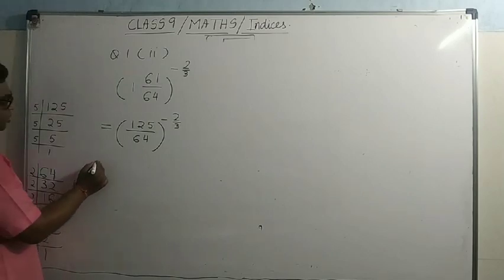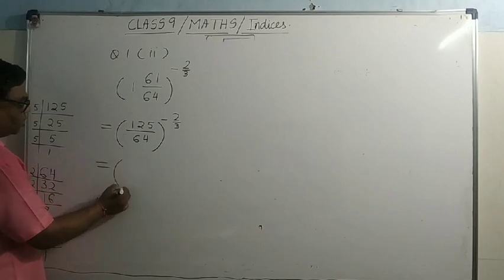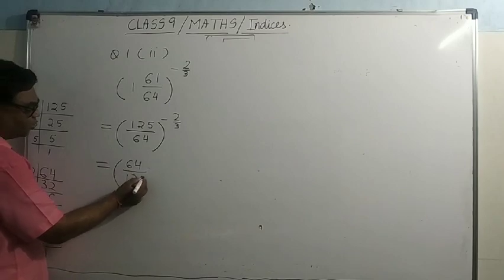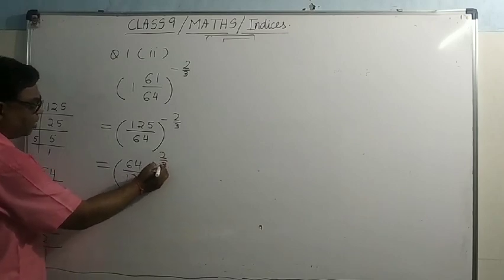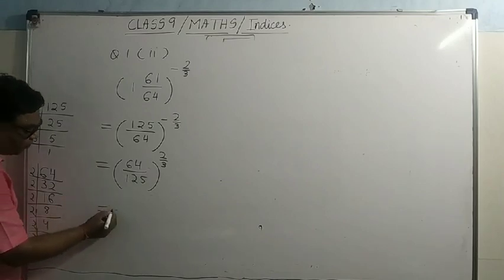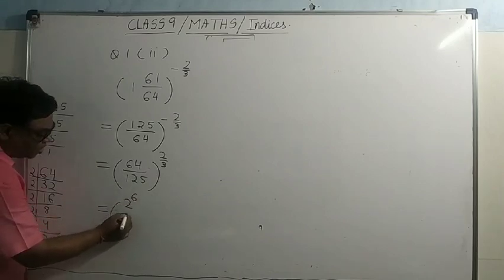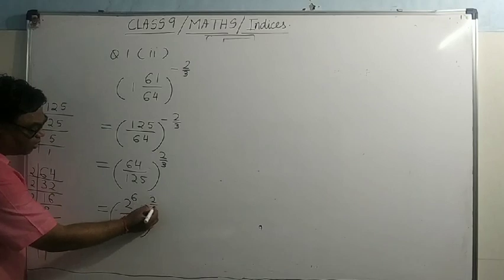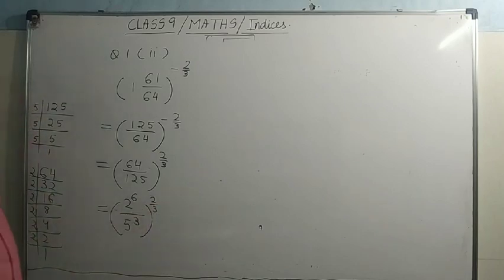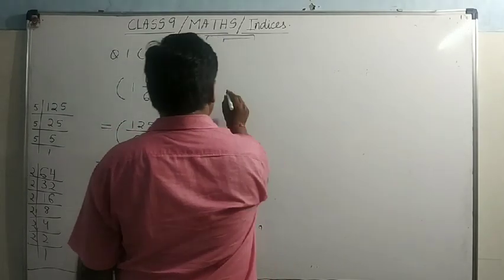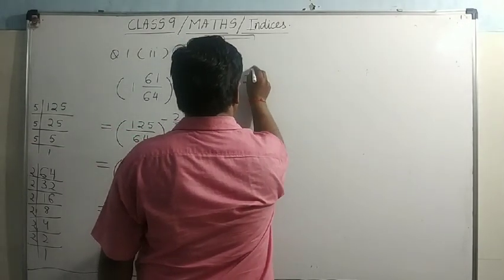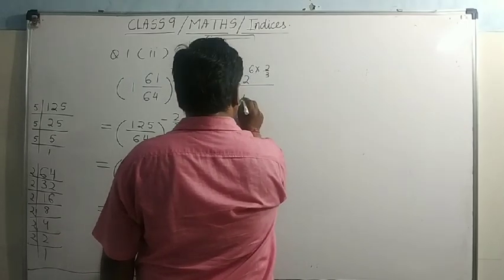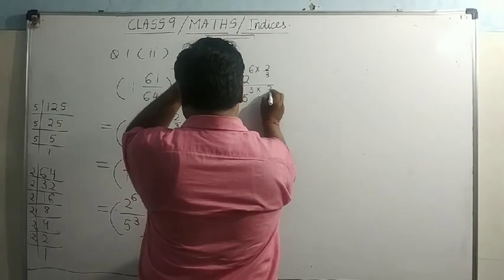So 2 to the power 6. First you reciprocate the base so that the power becomes positive: 2 to the power 6 divided by 5 to the power 3, whole to the power 2 upon 3. Now on opening the bracket, powers will multiply. So 2 to the power 6 into 2 upon 3, and 5 to the power 3 into 2 upon 3.